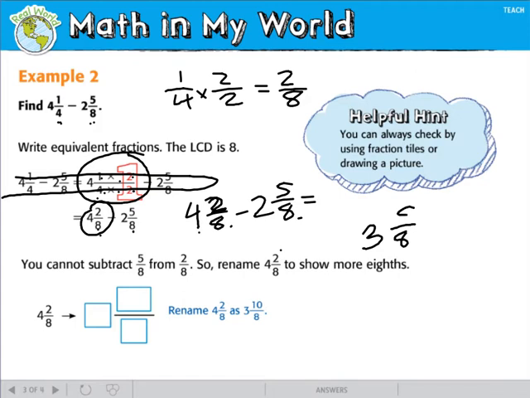So I want to use the same denominator because it makes my math easy. 3 and 8/8 is equal to 4. Yes. Okay. I need to add the fraction that was still there, which is 2/8. So what do I end up with? 10/8. So now I have 3 and 10/8.